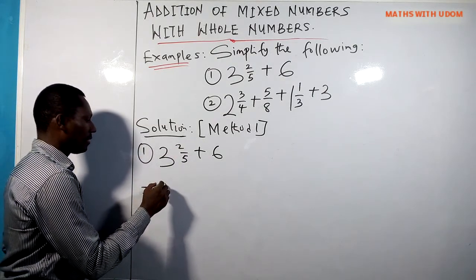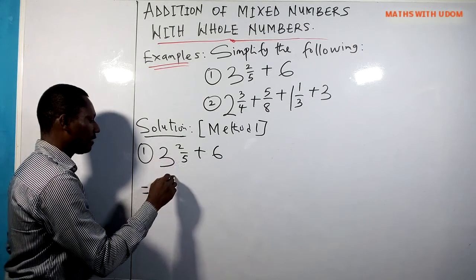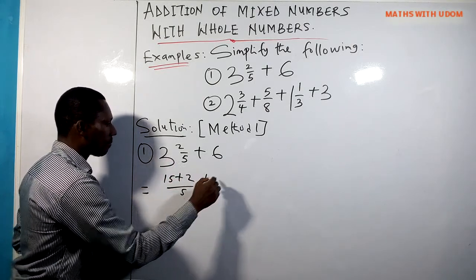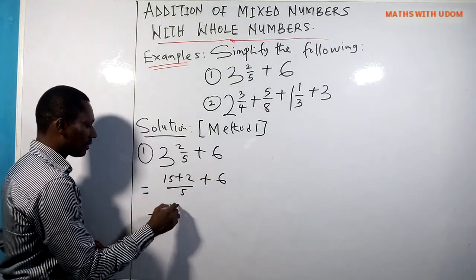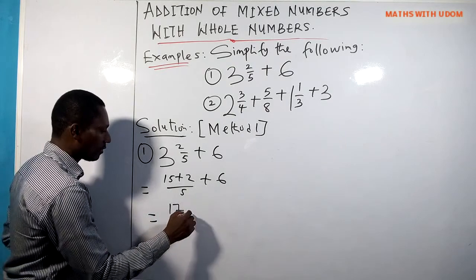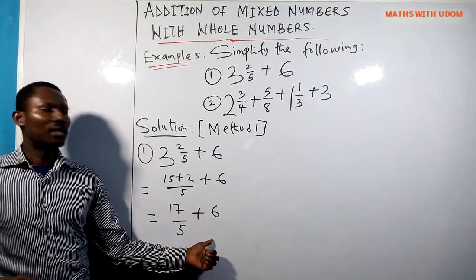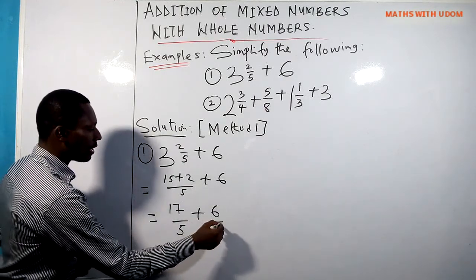So we have 17/5 plus 6. Remember, every whole number has 1 as its denominator. So you put over 1 here.